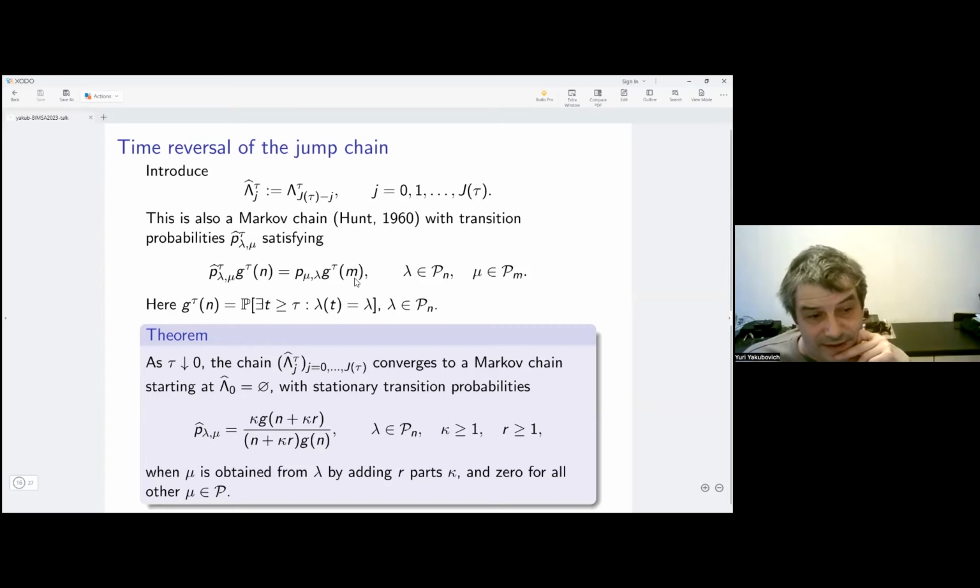So this G is just the probability to get into the partition, because it's the same for all mu. Maybe I should have written lambda here and mu here to make it more intuitive.